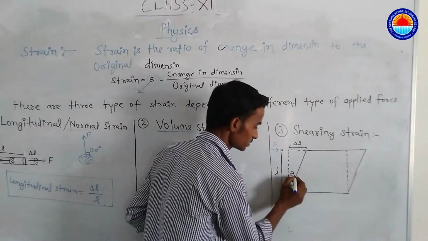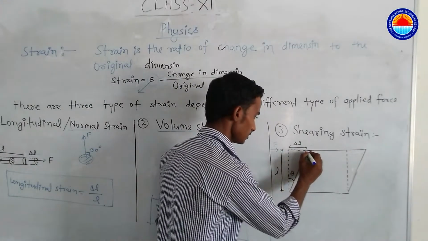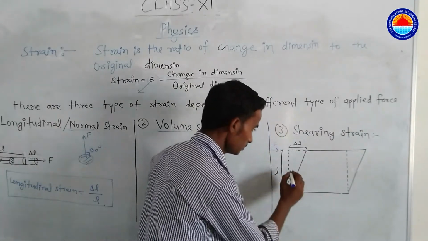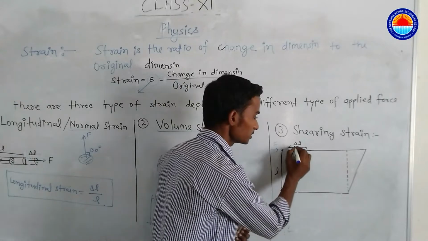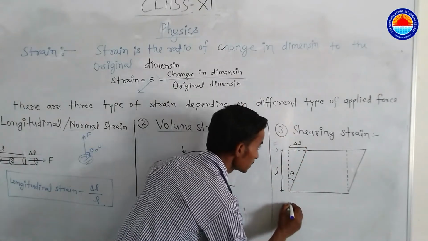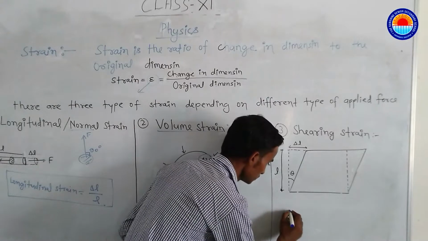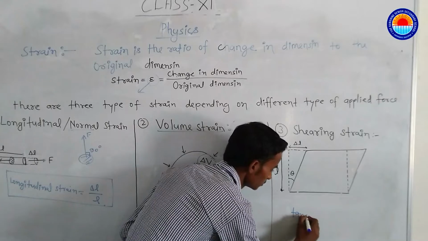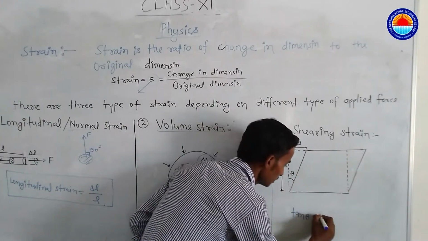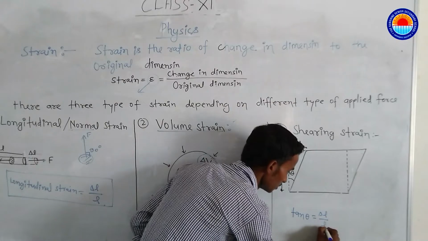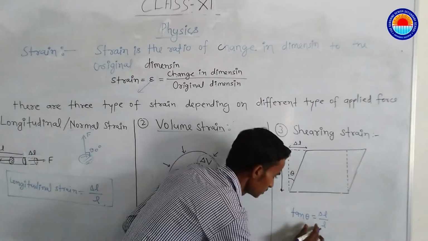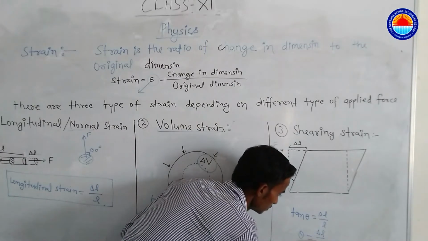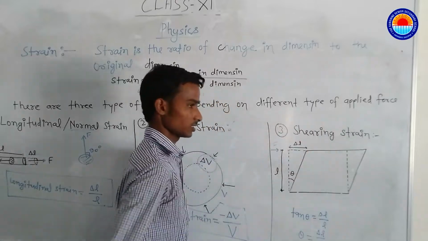Here the displacement angle is theta, the original length between these two faces is small l, and the change in dimension is delta L. So shearing strain is equal to tan theta, which equals delta L by small l. If the angle is very small, then theta equals delta L by L. Here it is shearing strain.